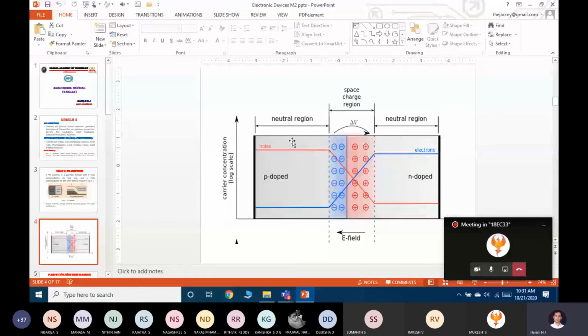How much opposition will be initiated? Correct. That only we refer to as the depletion region.